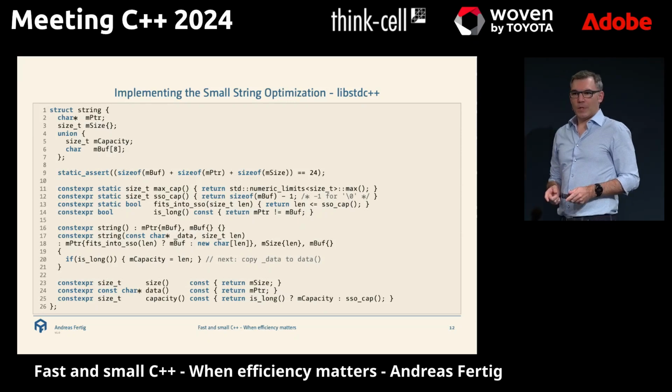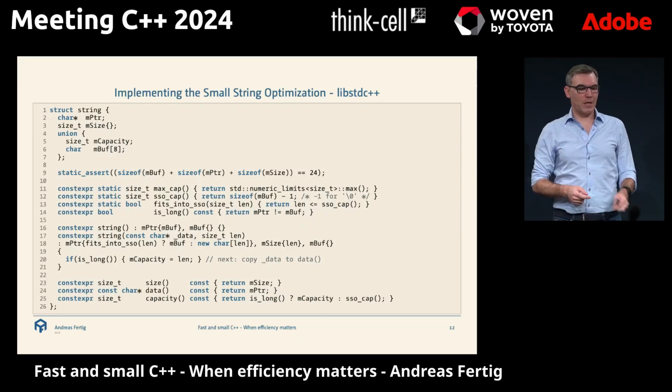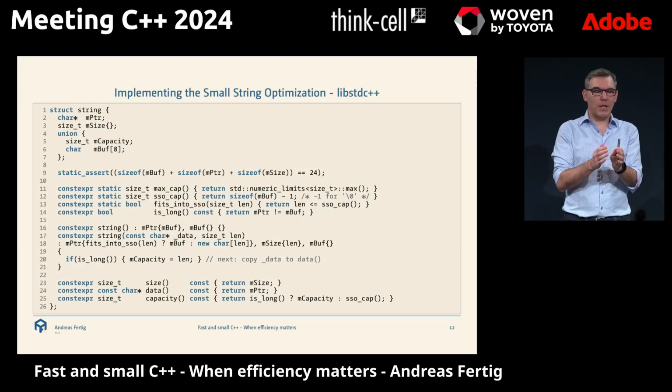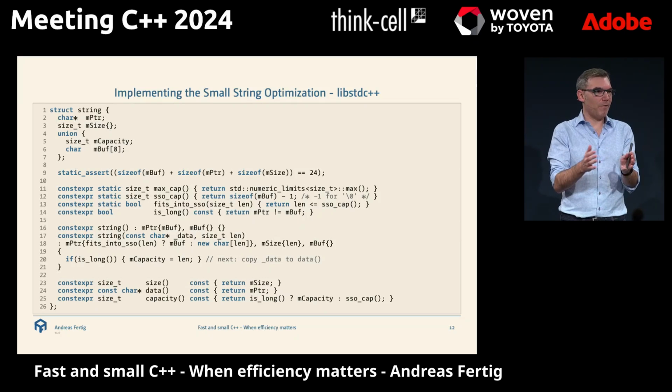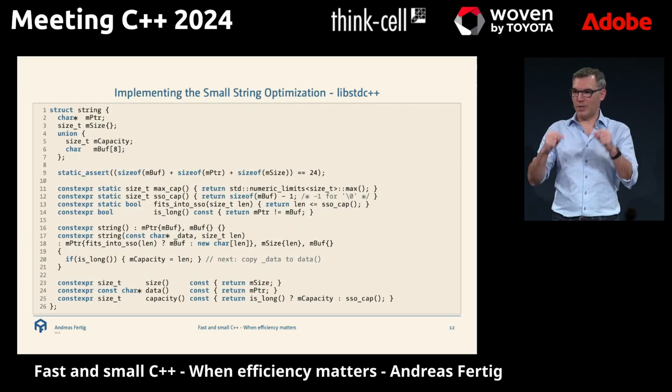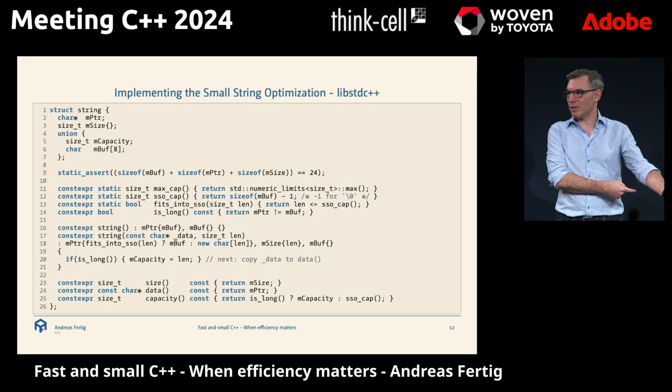This union is based on the assumption that we only need the capacity if we are reaching for dynamic memory. Then we don't know how much memory we have, so we have to store it somewhere. For the small string buffer mode, we know it's 8 characters, because this is the size of my buffer.